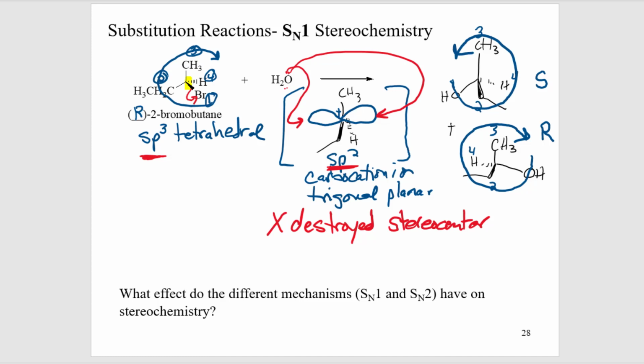So you can see a little bit about the effects that different mechanisms have on stereochemistry, right? For this case, we ended up with a mixture of enantiomers. In SN2, we would have just gotten one inverted product. But I want you to not memorize the fact that, oh, I get enantiomers.